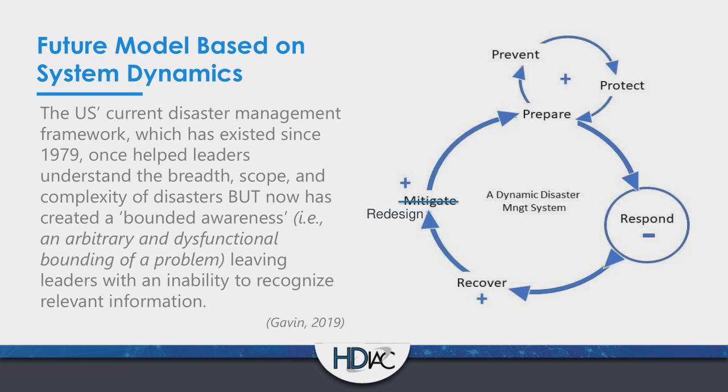And knowing this, at the very least, our future disaster response model needs to take into account two things. First, it must help us avoid bounded awareness that a linear model always results in. Second, we must have a model that is as dynamic as the disaster itself.